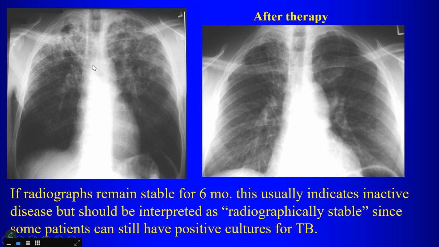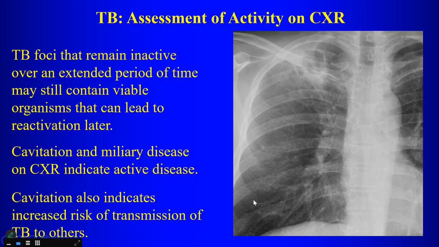Notice that even after successful treatment for tuberculosis, patients can still be left with residual findings, residual fibrosis, residual reticular opacities after therapy for tuberculosis. So TB foci can remain inactive over an extensive period of time and can still contain viable organisms.